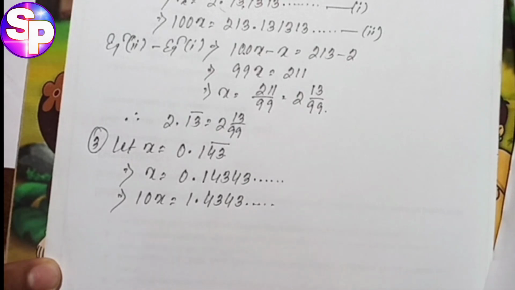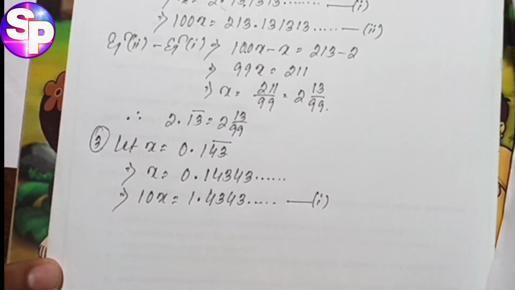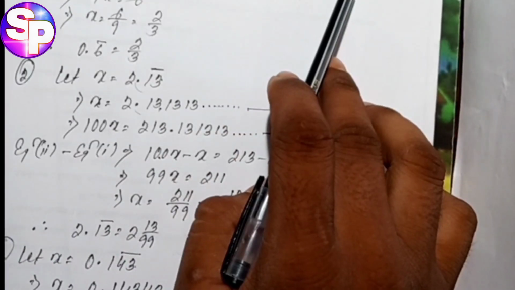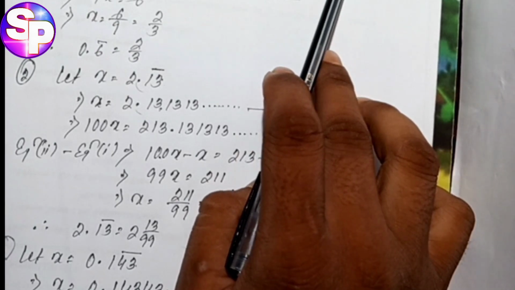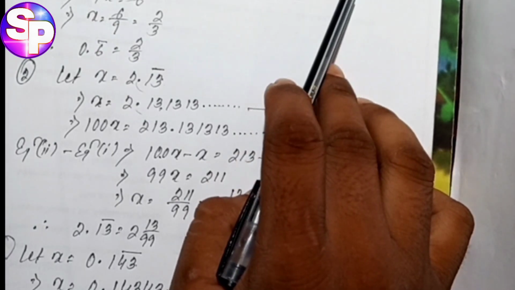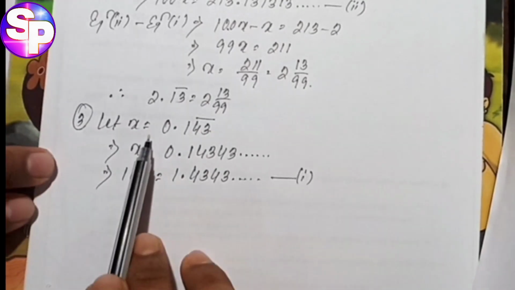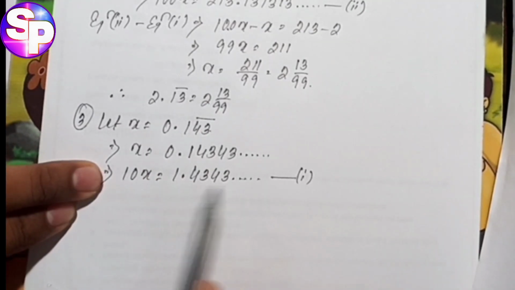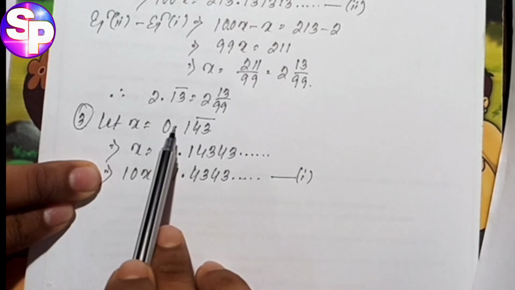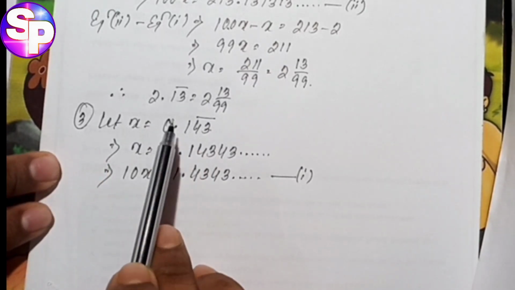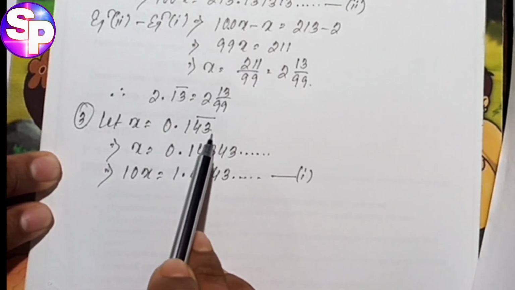So this is equation 1. Next, coming to equation 2, the same thing. I'm showing you this formula once again. The point must be kept after the repeated digit or after the bar, I have already said, right? So here children, we need to compare x. We are not going to compare this one. So x is over here 0.143. The point is over here before 1. I need to transfer this point after 3, or we can say we need to make a jump of 3 decimal places, right?